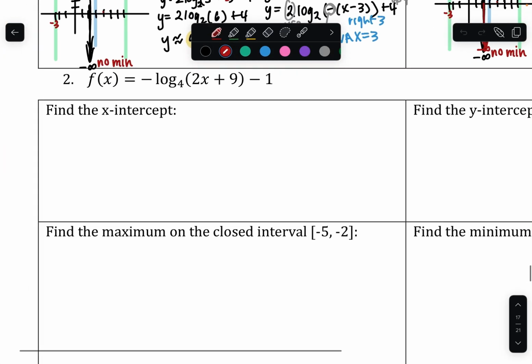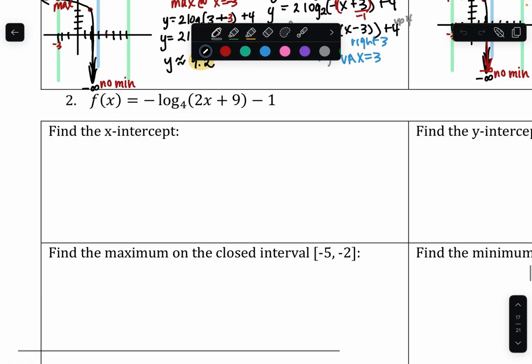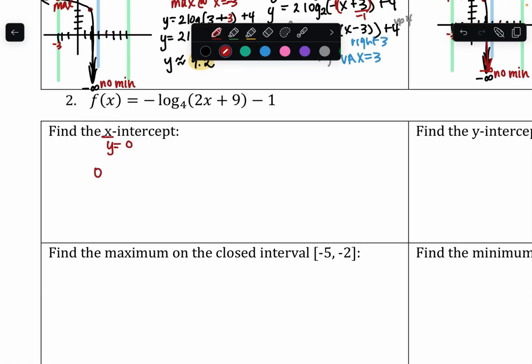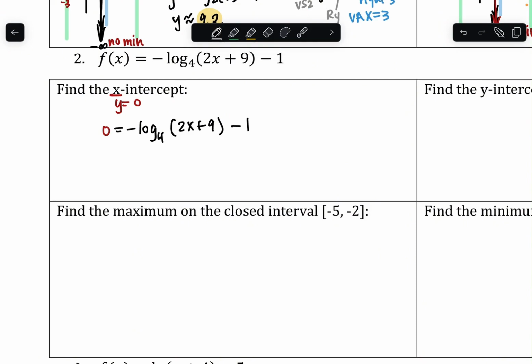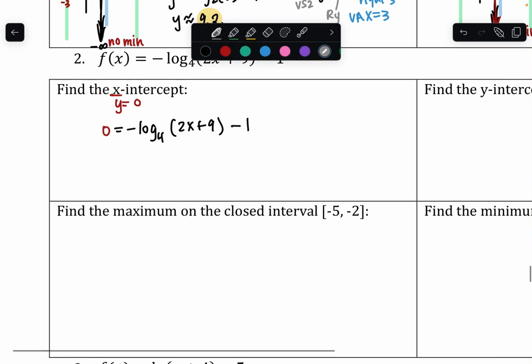All right, in this next example, to find the x-intercept, we plug in 0 for the y, so that gives me 0 equals negative log base 4 of (2x plus 9) minus 1. We need to isolate the log.